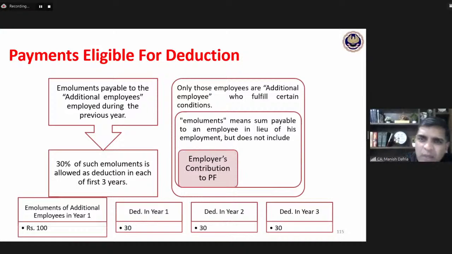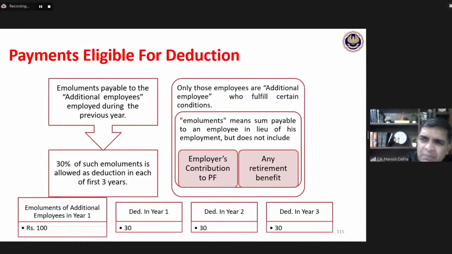The section says wages means emoluments, meaning sum payable to an employee, and does not include employer contribution to the provident fund or any retirement benefit. So for employer contribution to PF, no deduction is available under 80JJAA. Any retirement benefit, any gratuity, etc. that I have paid, for this the 80JJAA deduction is not available.